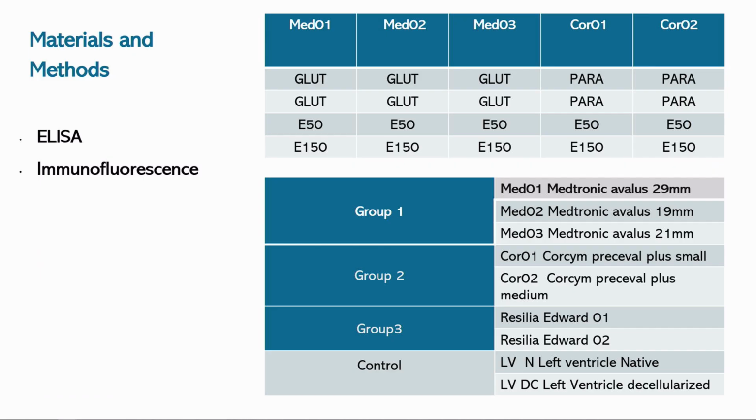After this grouping, we performed 2 types of analysis. One is quantification using ELISA, where for alpha-gal we used a non-competitive ELISA, and the other is qualitative analysis.